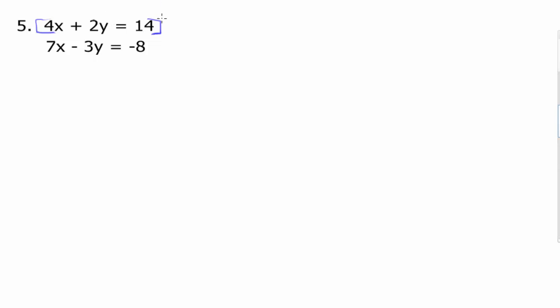So this one would be times 3, and this one would be times 2, and neither of them has to be negative because they're already opposite. So 12x plus 6y equals 42, and down here 14x minus 6y equals negative 16.